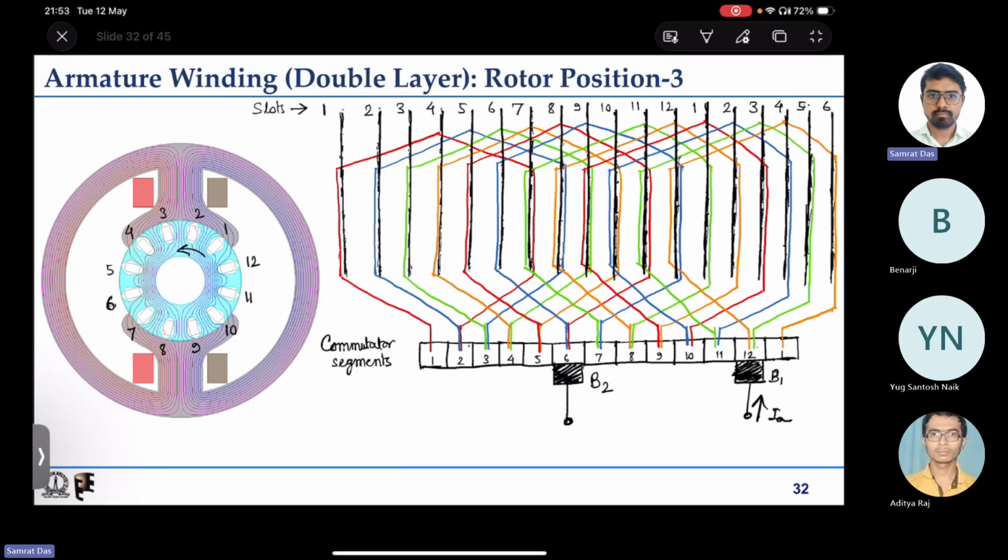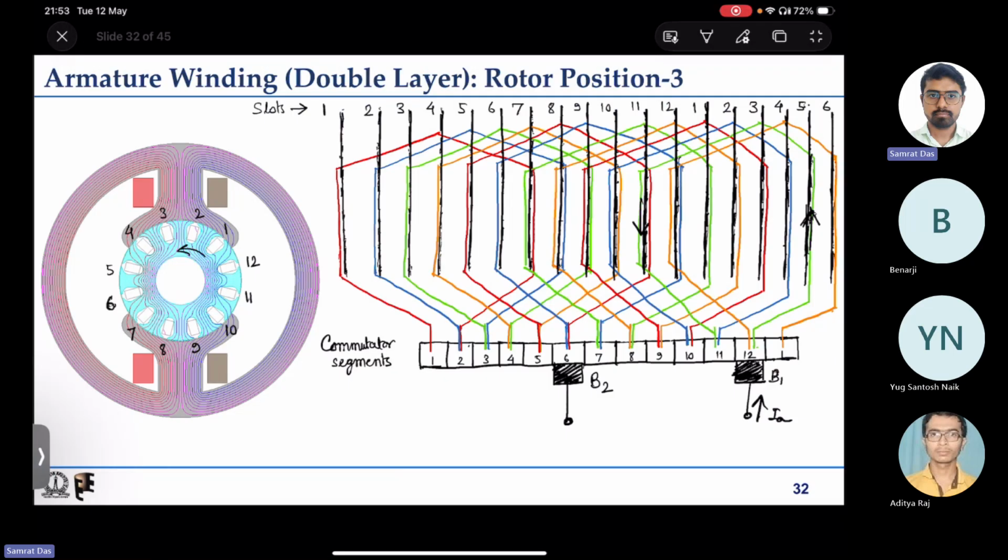that will be distributed to the two coils connected to this commutator segment number 12. So let us start with this green one. It will go up to the green one, it will come back.